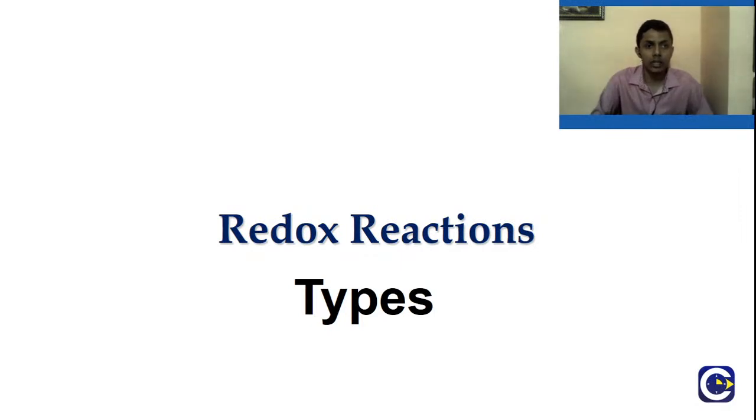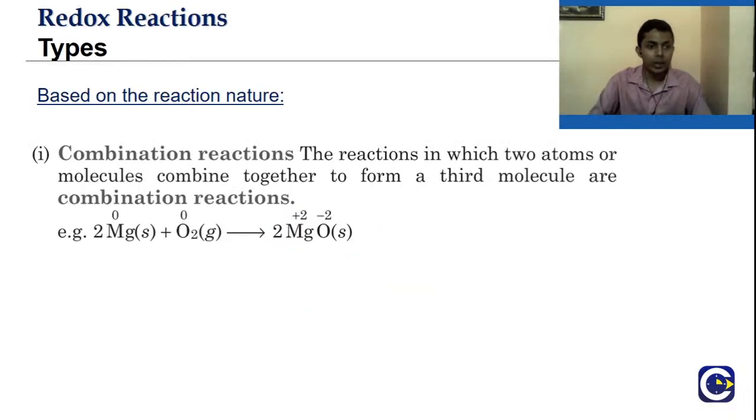All of those we will learn in combination with redox reactions. Once the oxidation number is very clear, it is very easy to understand all types of reactions and the balancing of redox reactions as well. If you have understood this nicely, then this chapter is in your hand because you can score very well.